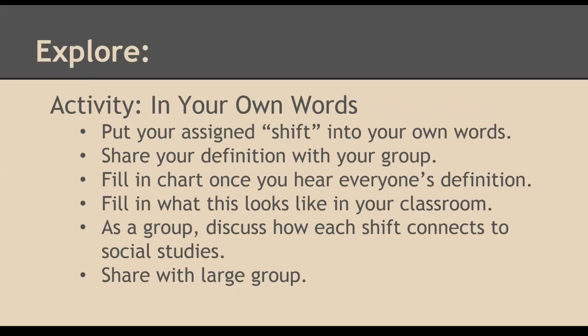And so, for example, within academic vocabulary, such a critical shift in social studies because so many Tier 1 and Tier 2 words are social studies words, and frequently those are words that are difficult for students to access. So how would that shift look like within your social studies classroom? So either individually or as a group, work on completing that chart for this particular activity.